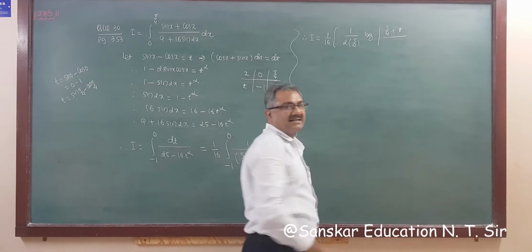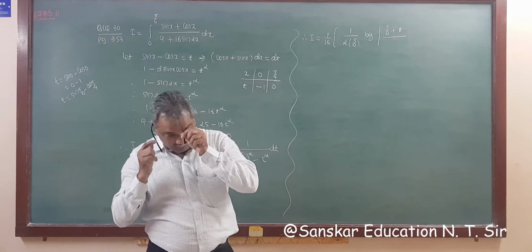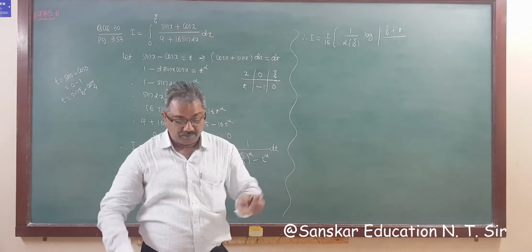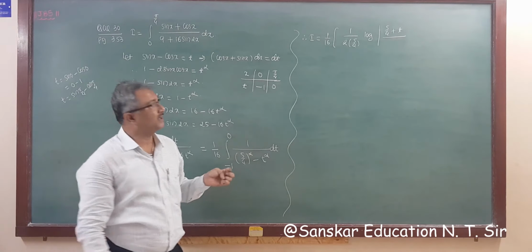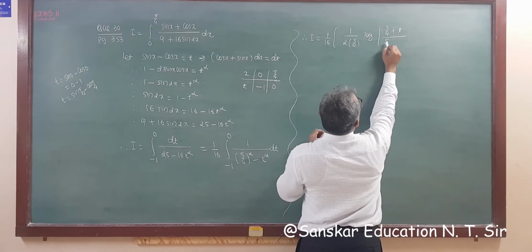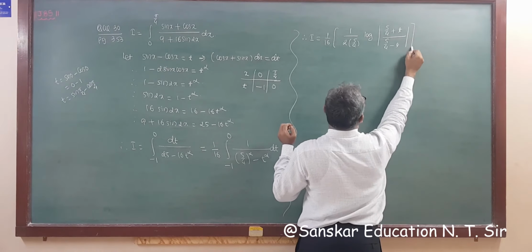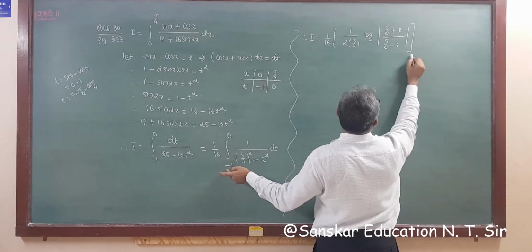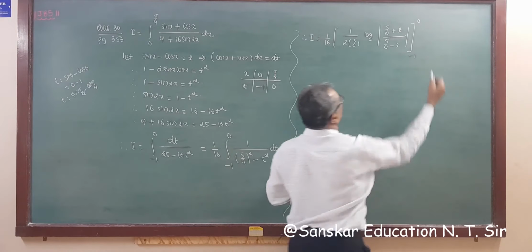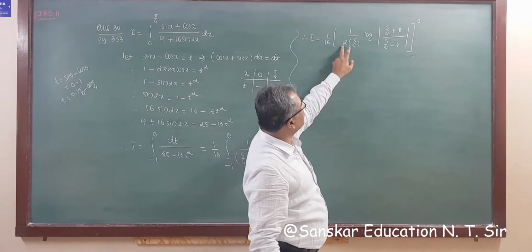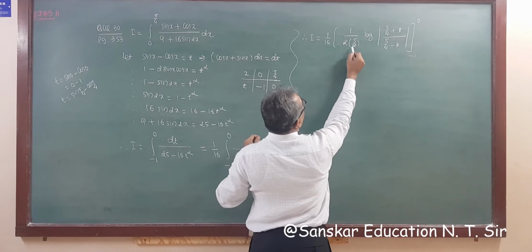A plus x upon A minus x, right? So 5 by 4 minus t, and the limit is from -1 to 0. Now these two will be cut, right?